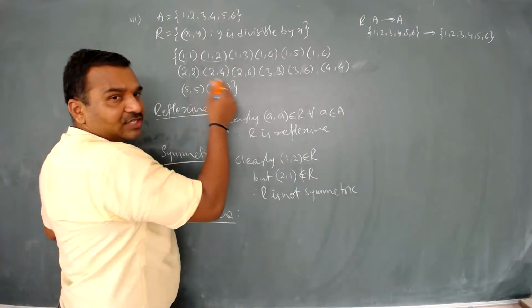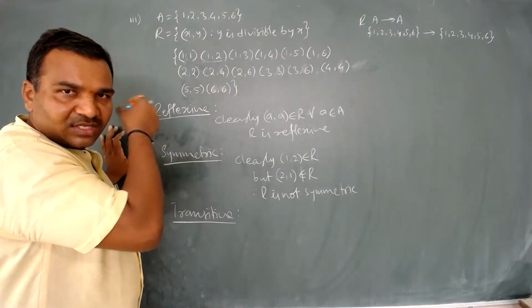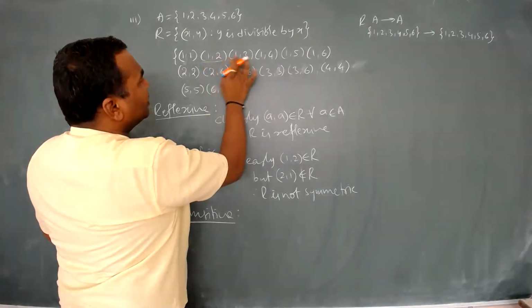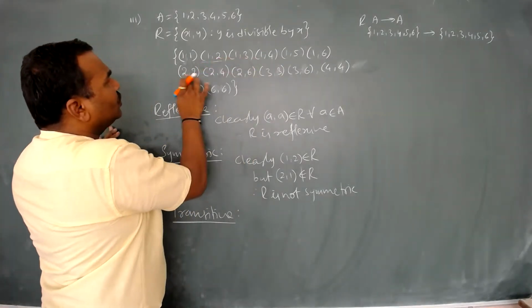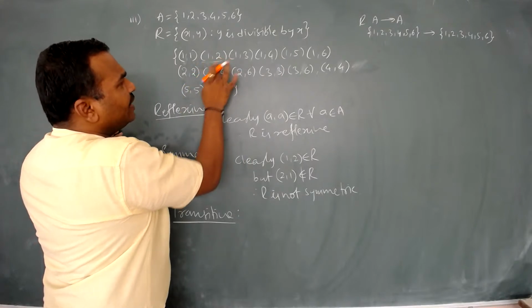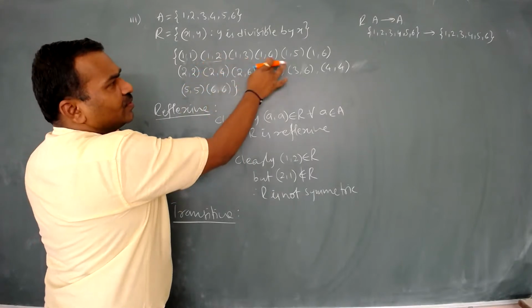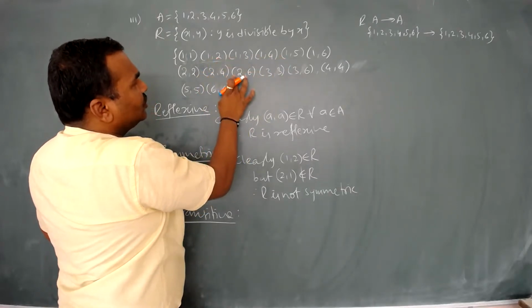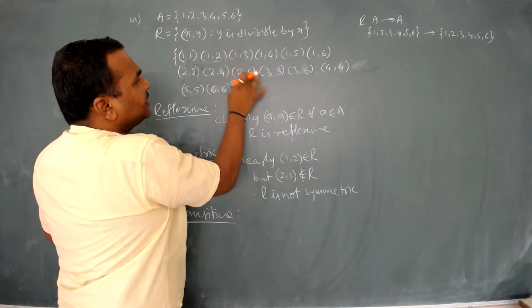Next, go for another element, just for our observation. Just we can check. (a, b) value 1,2. I'm taking the 2 combinations. Next, 2,2. 1,2 and 2,2 means 1,2. Yes, it is there. 1,2 and 2,4: (a, b), (b, c), (a, c) is 1,4. It is there. 1,2 and 2,6: (a, c) is 1,6.